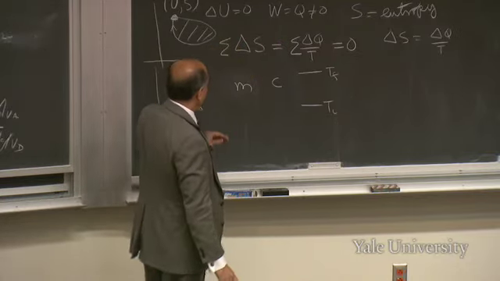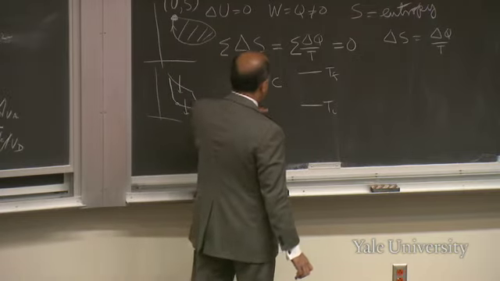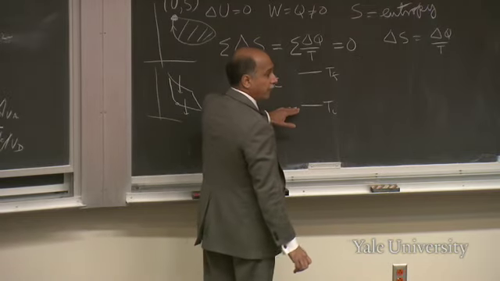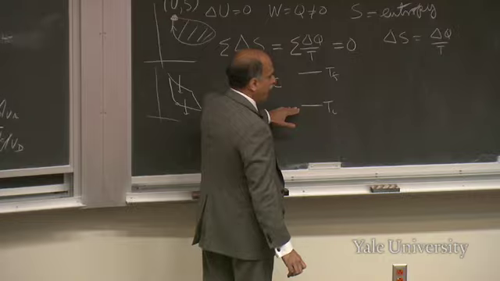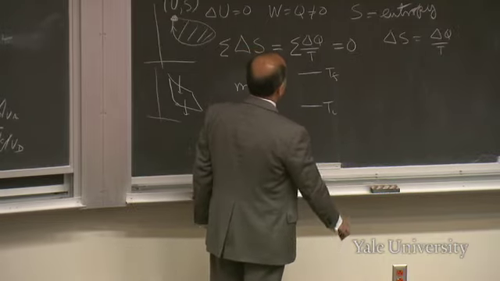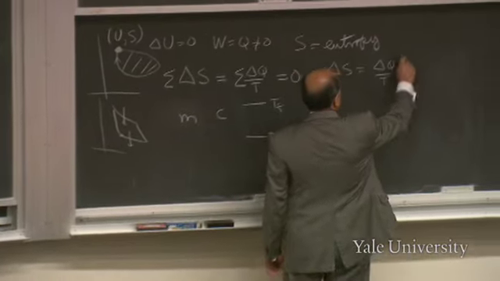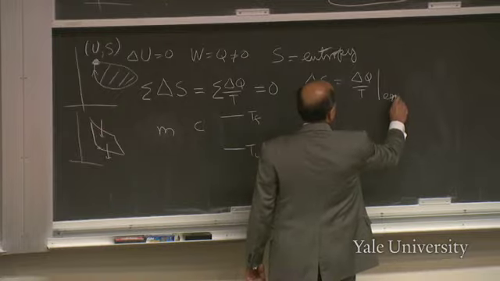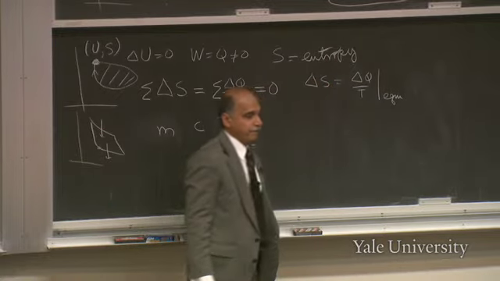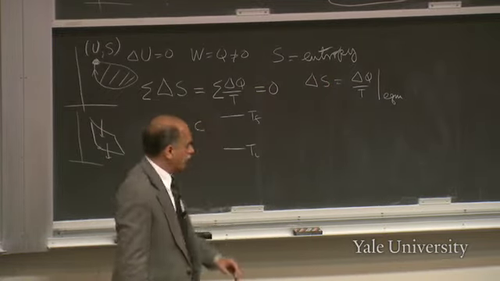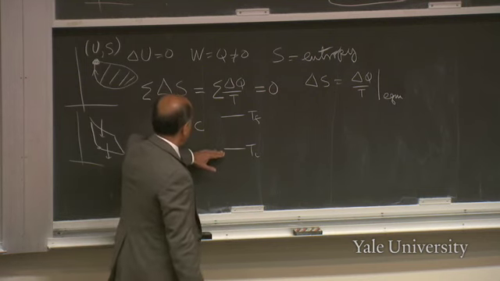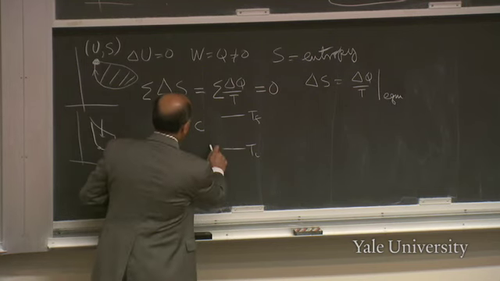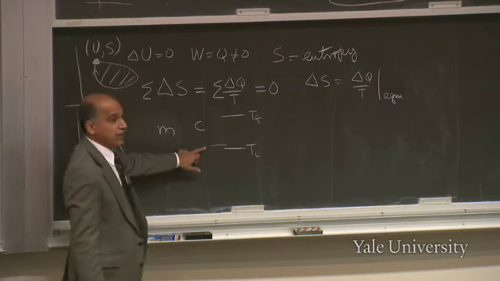I do that by starting the system at Ti, and I should never be far from equilibrium. That's one of the conditions on this. In fact, you can say it should always be near equilibrium. So the system starts at temperature T initial. I put it on a heat bath, which is infinitesimally warmer than this.